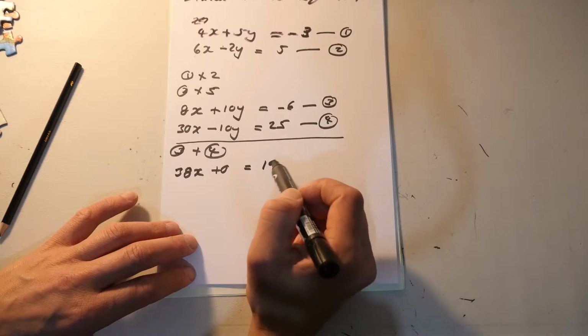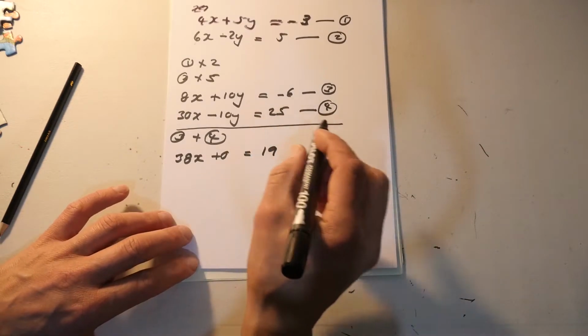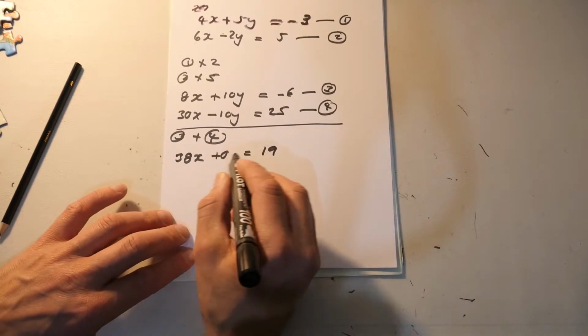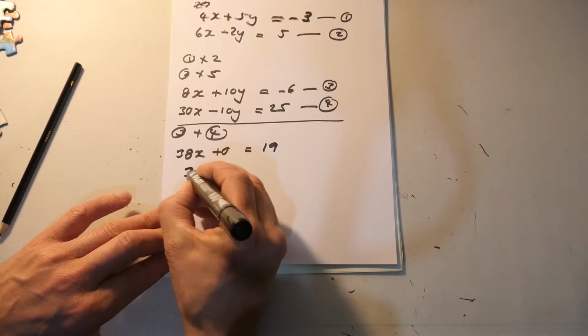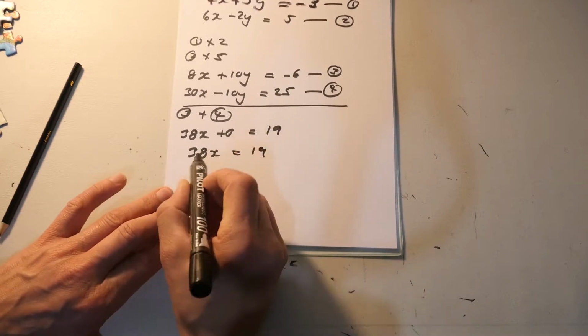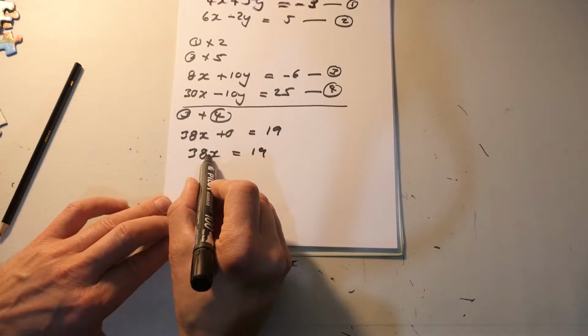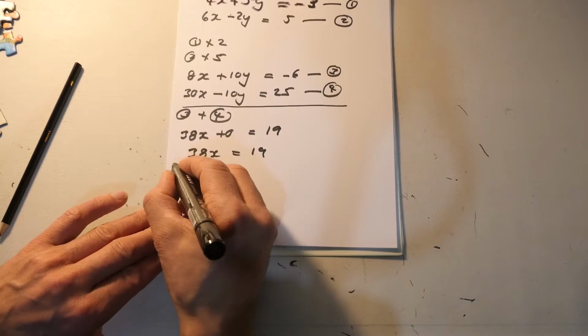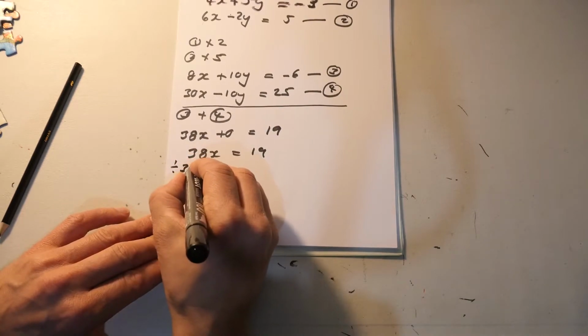That's 25 minus 6, so it's plus 19. So 38x equals 19, and then you've got to find x, so you divide both sides by 38.